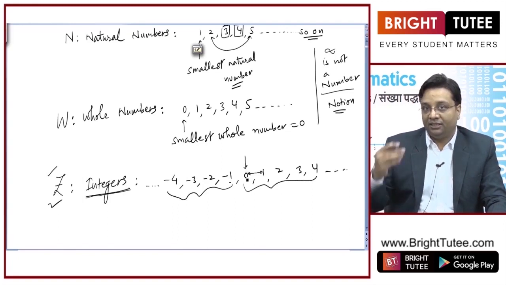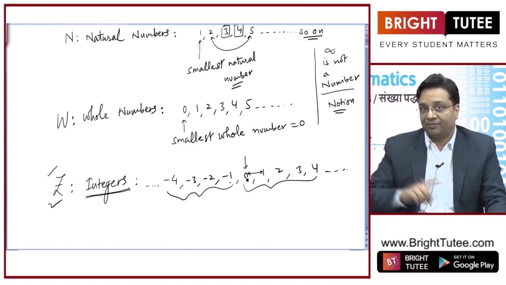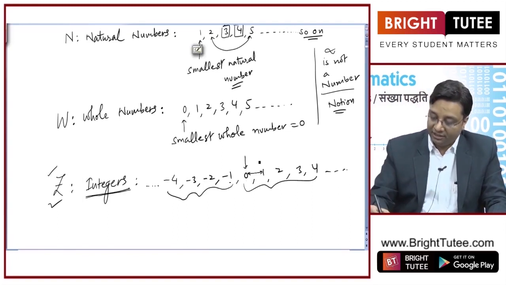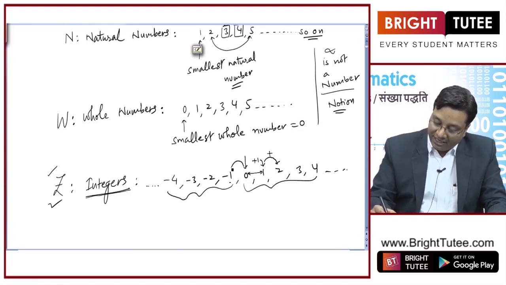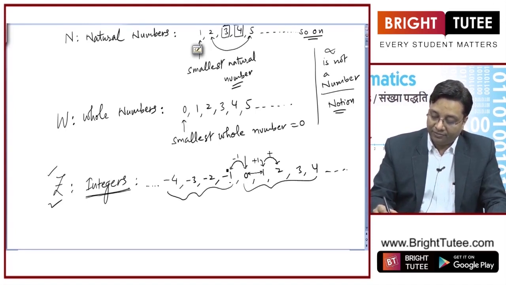If 0 is the integer, what is the next integer? Next positive integer is 1. You add 1 and you will get the next positive integer. To get the next positive integer, you again add 1, right? And to get the first negative integer, you subtract 1. The next negative integer, you subtract 1 again from -1.